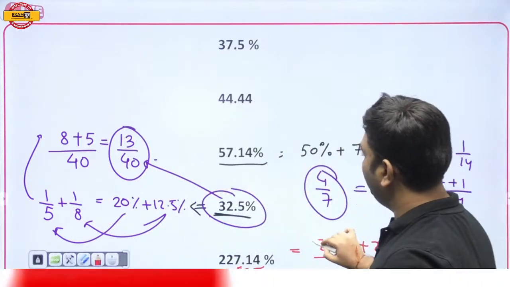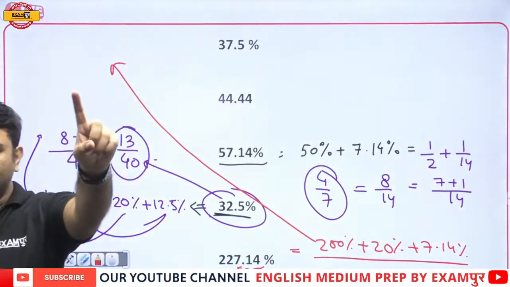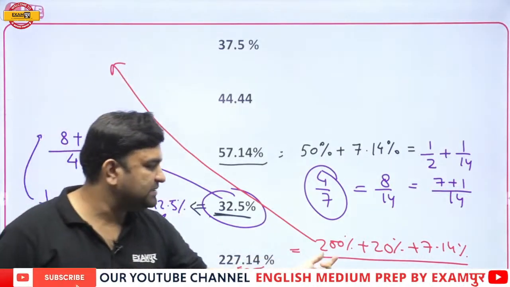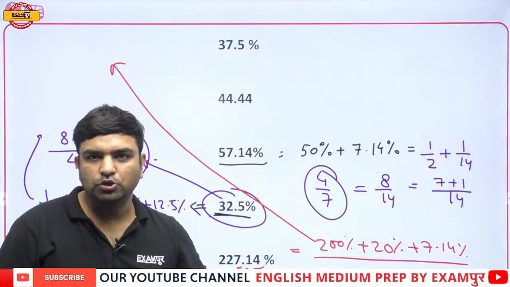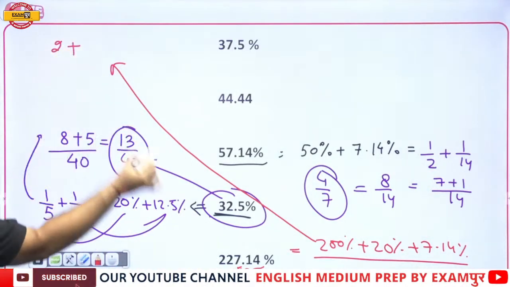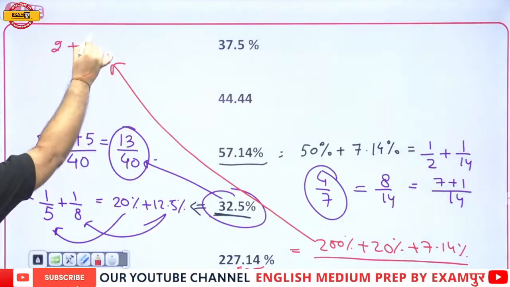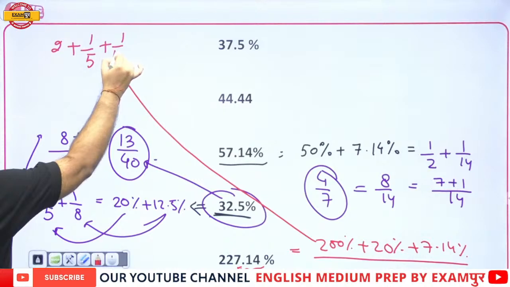Now, if I take it on the top, 100% is 1, so 200% is 2. You can also check it by dividing by 100. It is 2. 20% is 20 by 100, 1 by 5. 7.14% is 1 by 14.